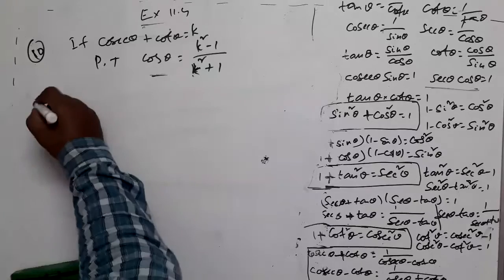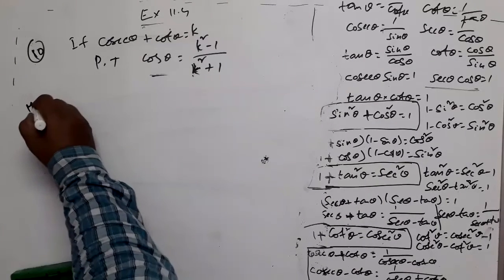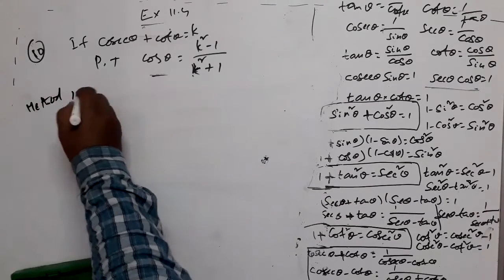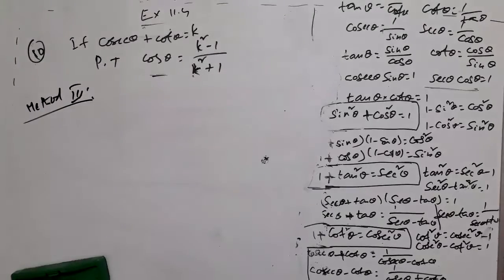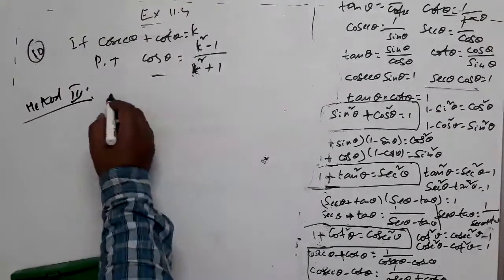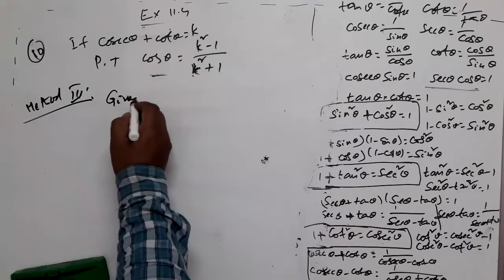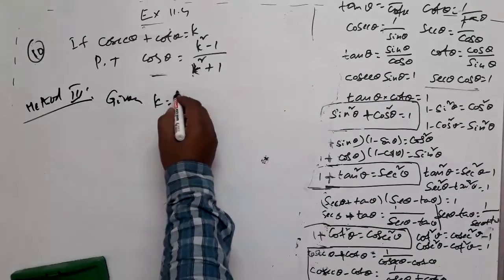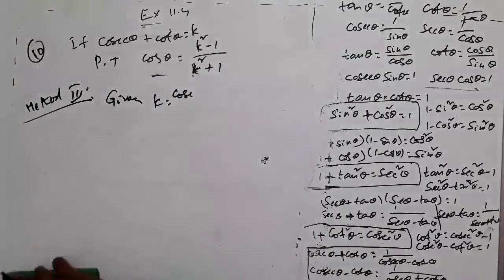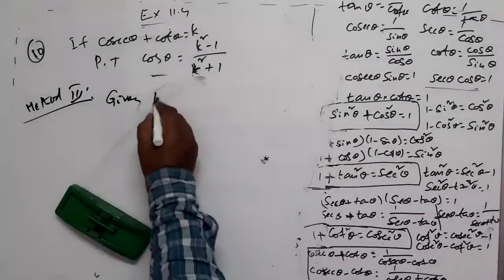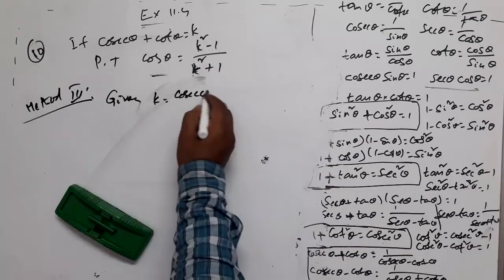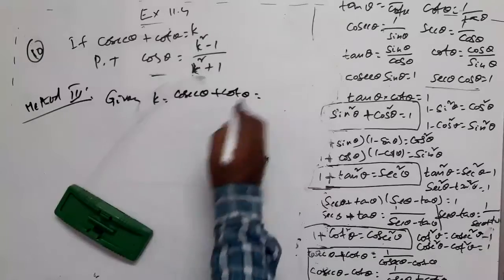Directly you can substitute. See what is k? K is given, k is equal to cosecant theta plus cot theta, right? That is k. Cosecant theta plus cot theta.